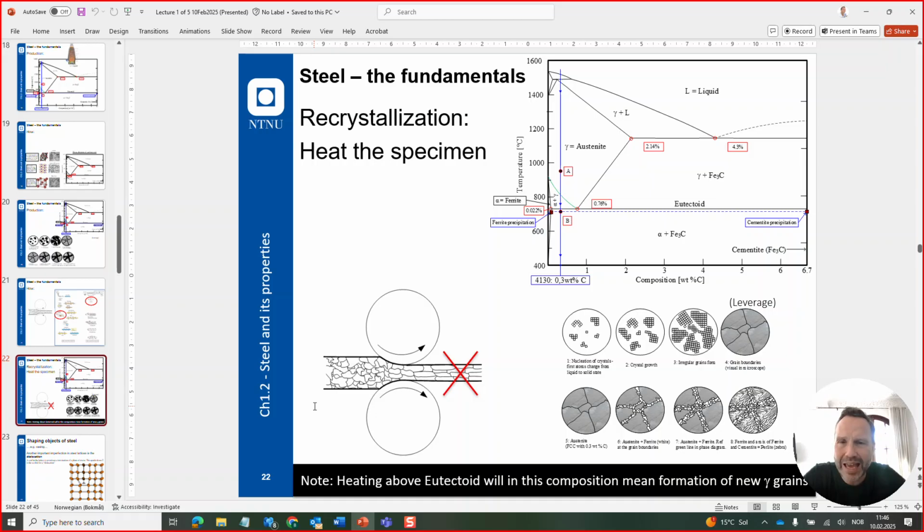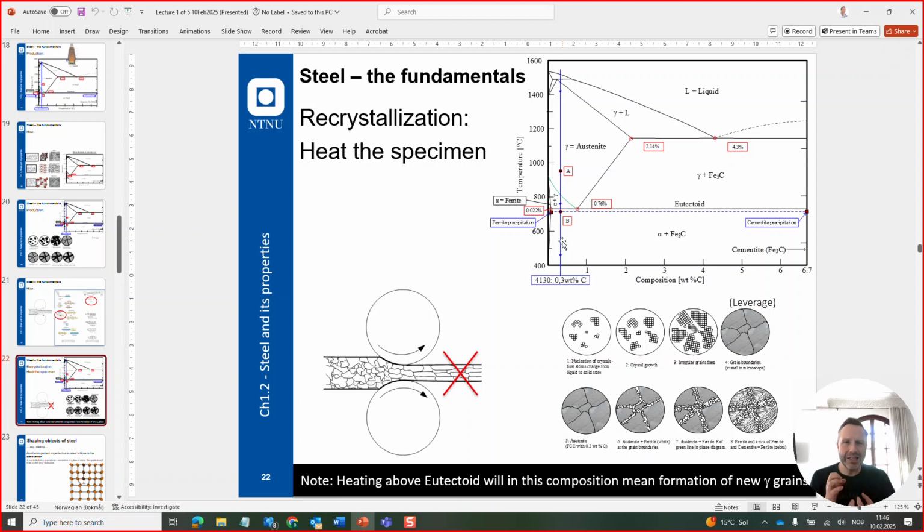So what do we do? We just said that even at room temperature, things are going on inside a physical piece of steel. We heat it. We put it up from room temperature until these temperatures, and an accelerated process goes on inside.